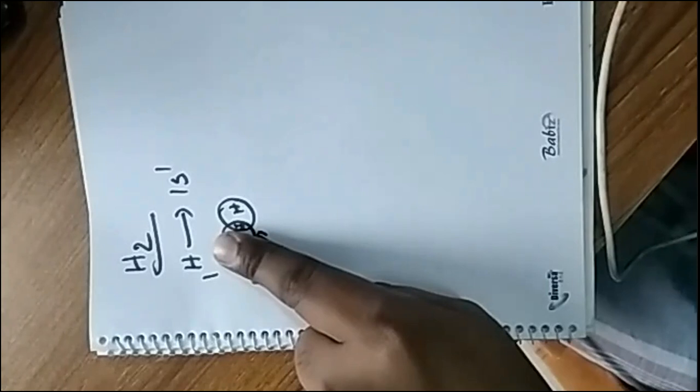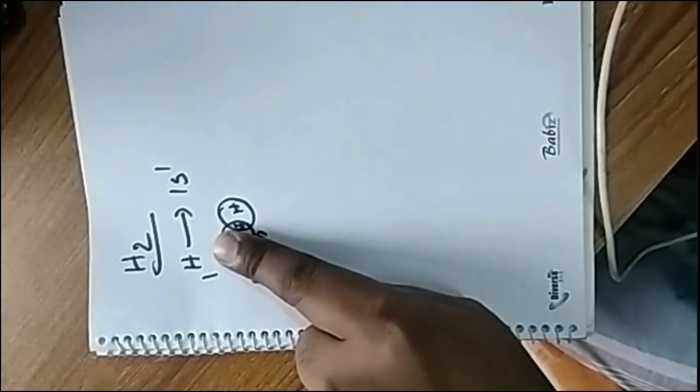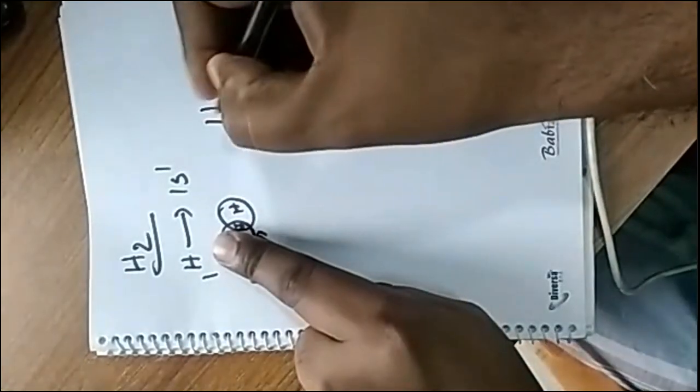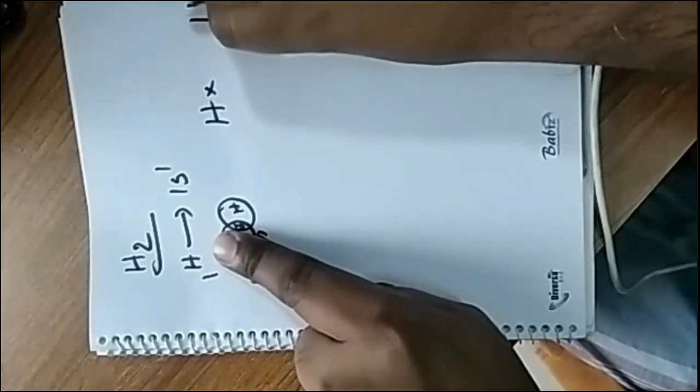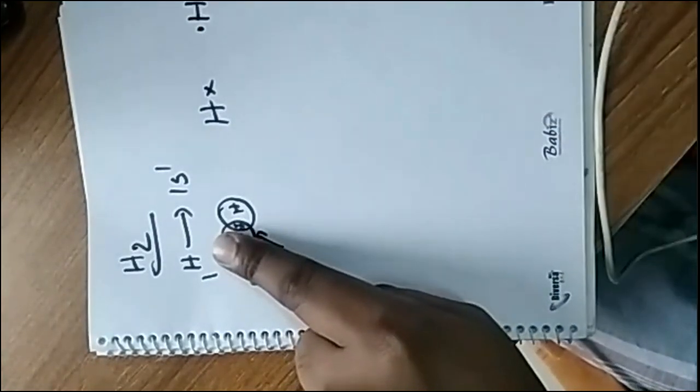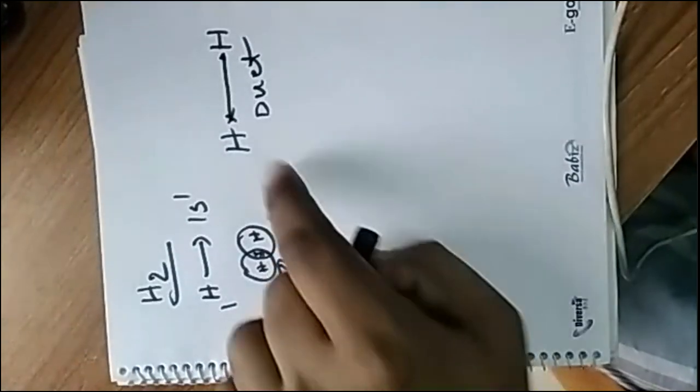So by this way, it can follow the duet rule. One electron from one hydrogen atom, another electron from another hydrogen atom. If a bond is formed in two hydrogen atoms, the duet rule is followed. So by this way, it can stay. Is it clear to you? Duet rule means two electrons are used to make a bond.